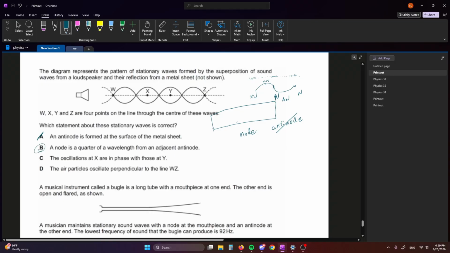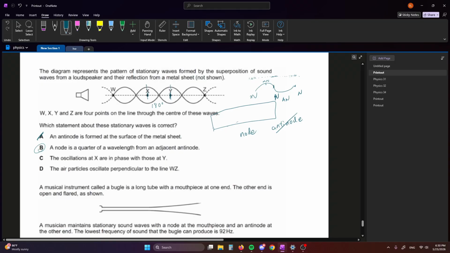As for C, the oscillations at X are in phase with those at Y, and clearly they are not, they're actually out of phase. They have a constant phase difference of around 90, I believe. Oh, no, they have a constant of 180 degrees because it goes from antinode to antinode.